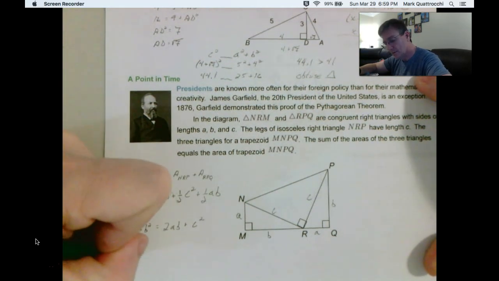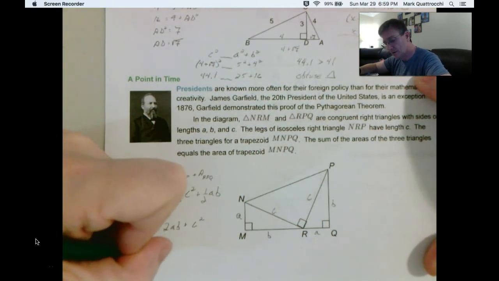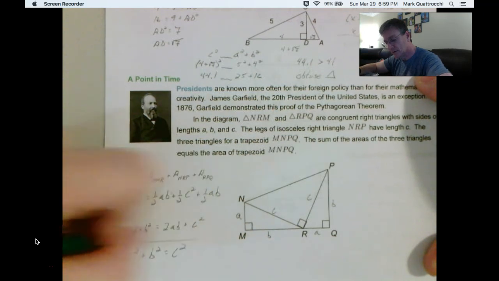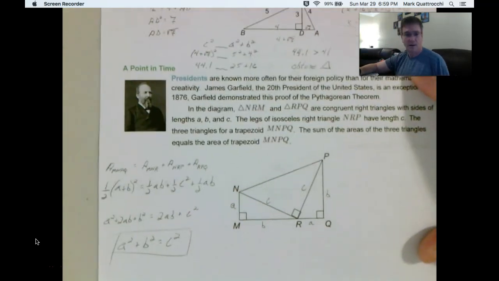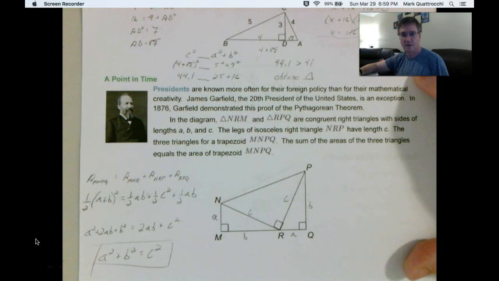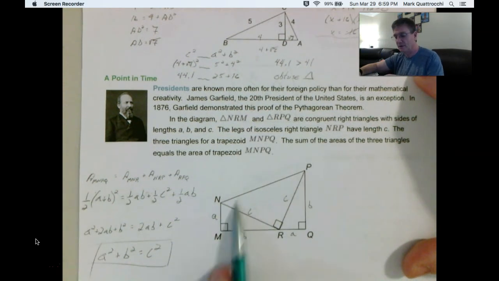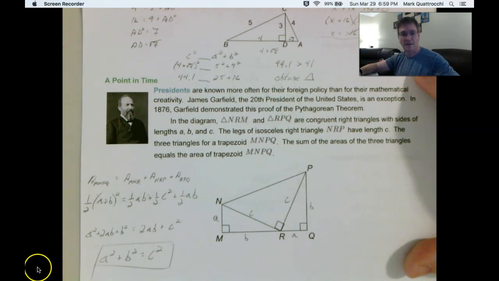A squared plus b squared equals c squared. The Pythagorean theorem. Done very simply using the area of the trapezoid is equal to the area of these three triangles, knowing that all three of these triangles are right triangles and that these two are congruent to each other, proves the Pythagorean theorem. Thank you very much.